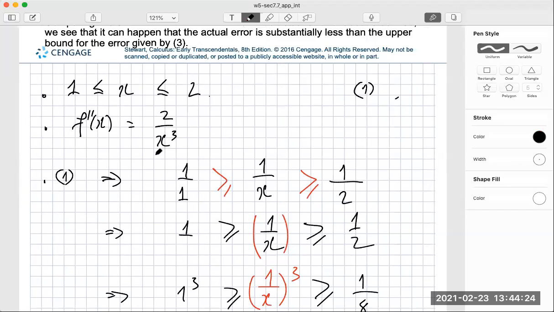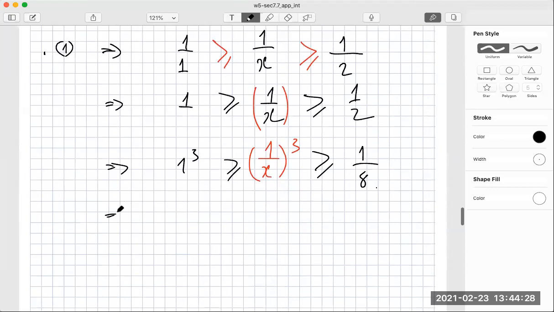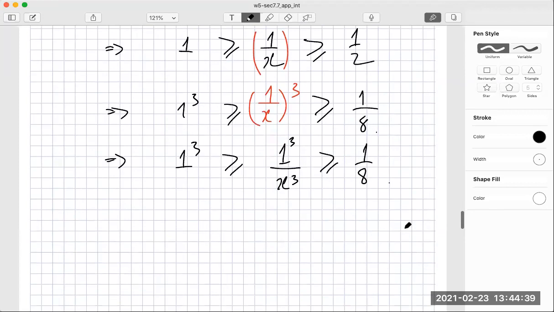We want to somehow have the same terms here. And we can write this as 1 cubed over x cubed, and 1 cubed is still 1, right?